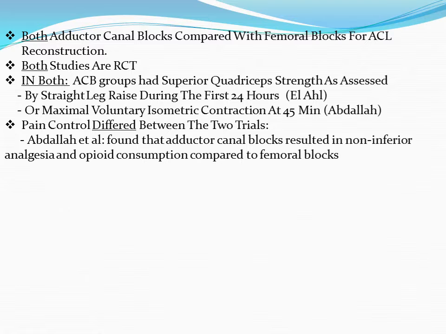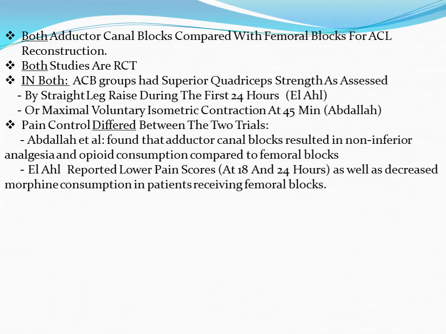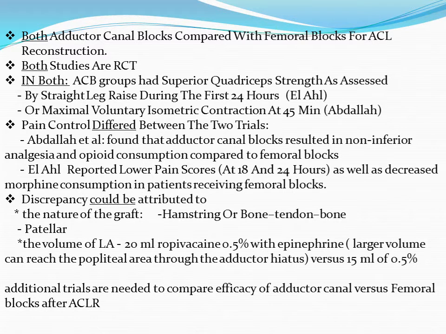Abdullah found that both groups are equal, I mean, it's as effective as the femoral nerve block, while Muhammad Said Al-Ahl reported lower pain intensity around 18 to 24 hours in the femoral nerve block group. So the discrepancy could be attributed to the different nature of the graft in the two groups, and the volume of local anesthetic: 20 ml in the Abdullah group, 15 ml in the Muhammad Said Al-Ahl group.